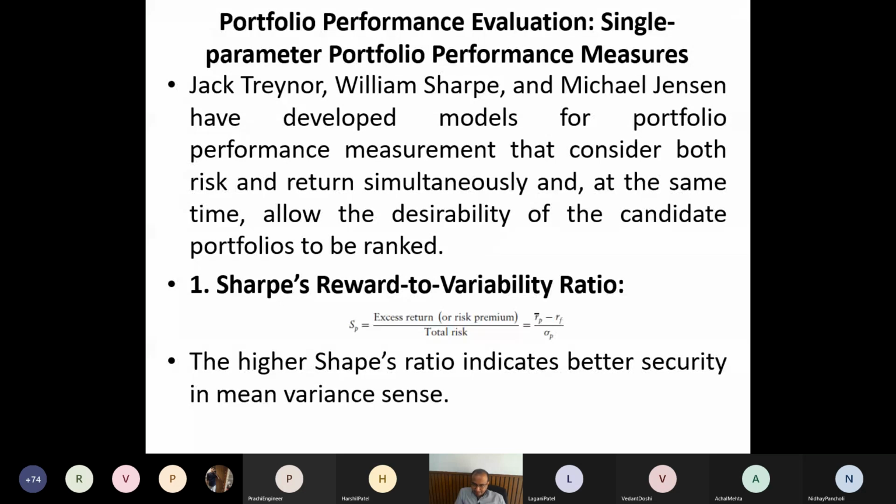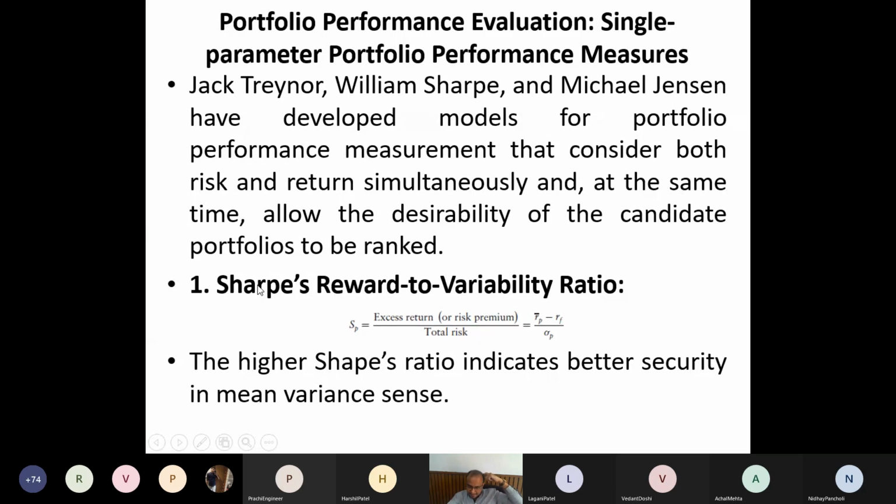At the same time they allow the desirability of the candidate portfolios to be ranked, and based on this you can rank the portfolios. You cannot use only a single measure, but have to look at all three measures, because they differ slightly in their parameters. Let us see. We are not going to derive anything, we accept the result.